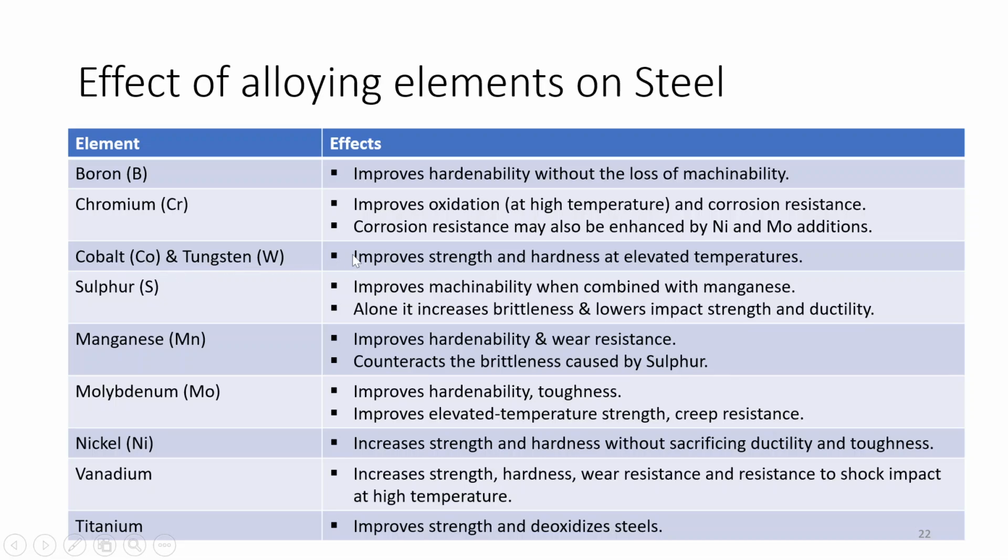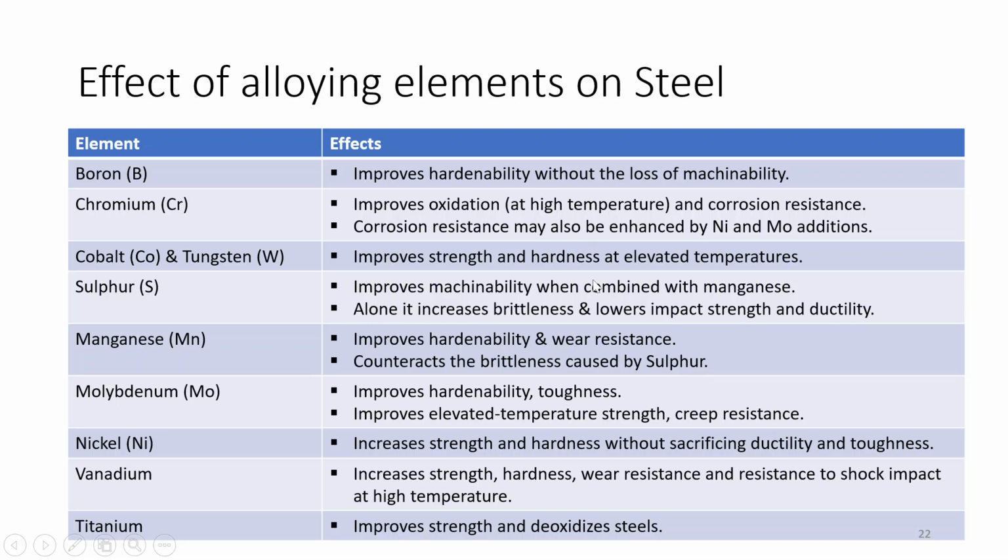Cobalt and tungsten both improve strength and hardness at elevated temperatures. Sulfur improves machinability when combined with manganese. The manganese sulfide which forms in steel provides a chip type of nature, so if you're machining your material, it provides easy machining.